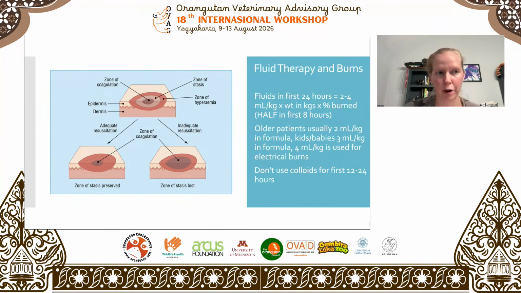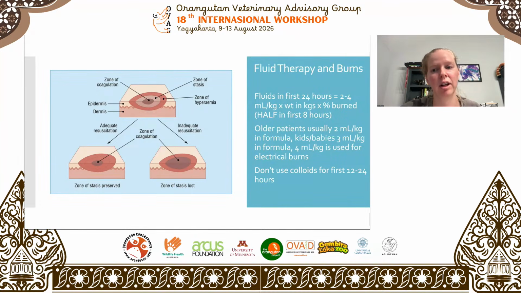But then you look at her body and you figure out, oh, she has 20% of her body burned also. So you don't count the fluids that you already gave her in her resuscitation necessarily, but you would say, okay, she's not a baby, so we'll use 2 mL per kg.